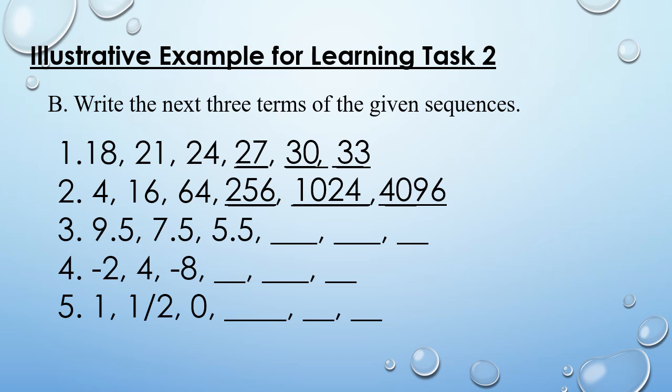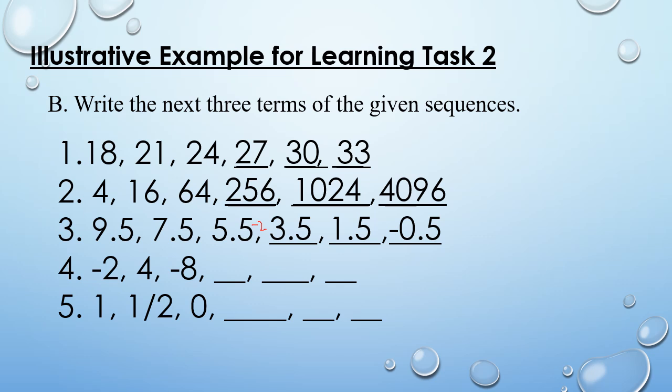So 5.5 minus 2 is 3.5. Okay, so we have the answer 3.5, 1.5, and negative 0.5. Okay, number 4. So we have negative 2, 4, and negative 8. What do you notice?